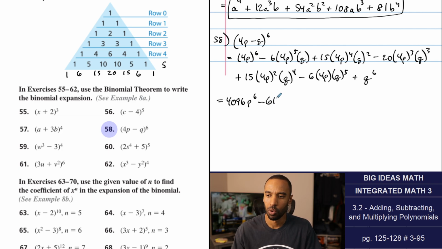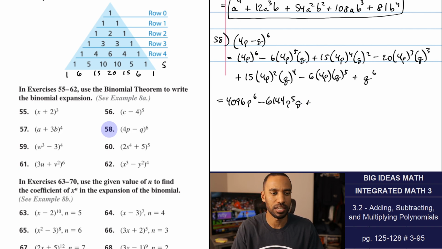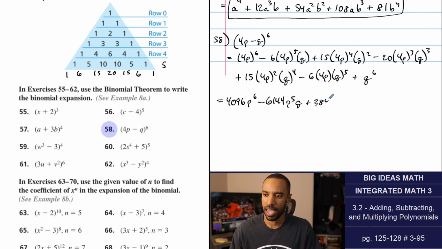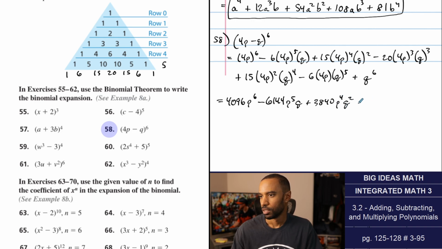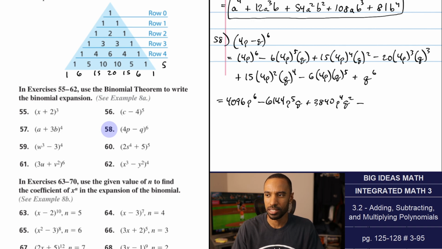6144. 6144 p to the fifth q plus 15 times 4p to the fourth. I think that's 15 times 256. 3840. 3840 p to the fourth q squared minus 20 times 4 cubed. That should be 2080, right? 20 times 4 cubed. 1280.